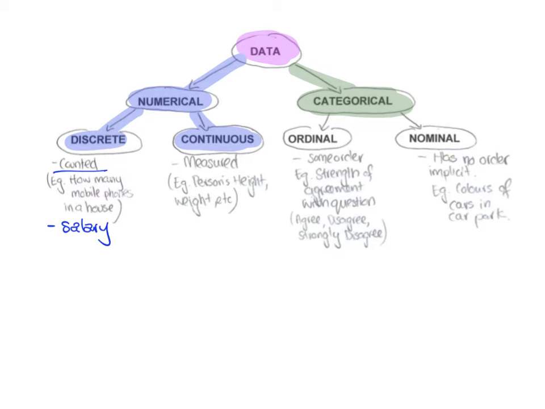Continuous is something that you measure. So maybe your height, your weight. Your height and weight are very common ones. Maybe you might measure how long something takes, time, so time to run 100 meters or something like that.